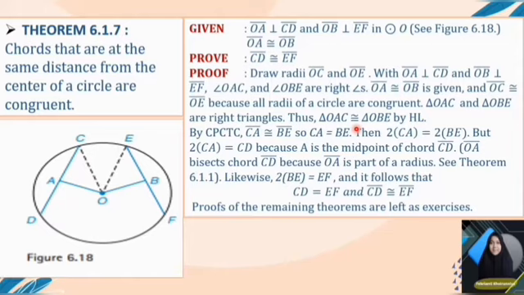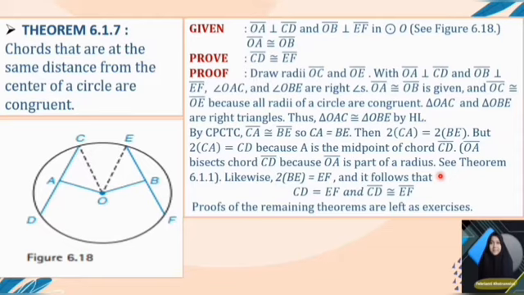Triangle OAC and triangle OBE are right triangles. Thus, triangle OAC is congruent to triangle OBE by HL. By CPCTC, line segment CA equals line segment BE.